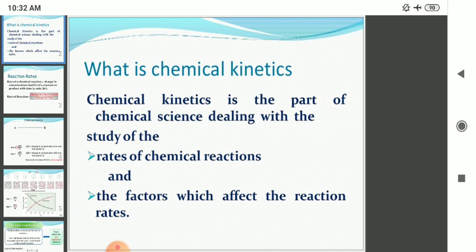Suppose, students, we have A plus B gives C. Here A plus B, both of these we are calling reactants. When they combine, they form the product C. In this case, the reactants A and B, when they are reacting together, are actually being converted into the product.